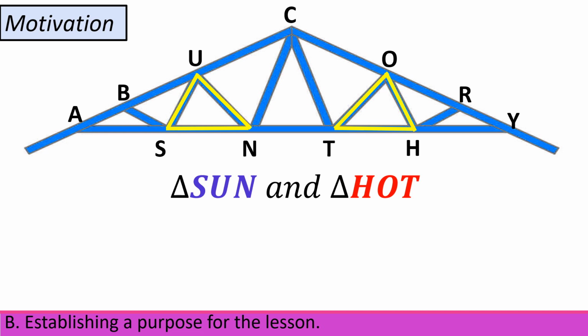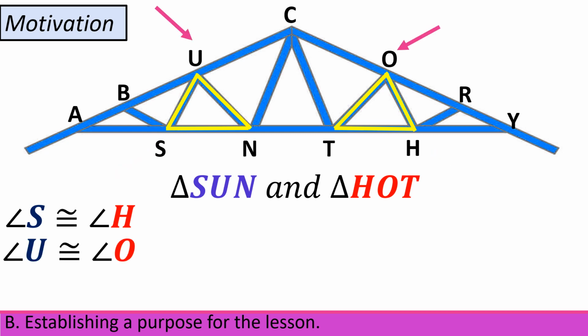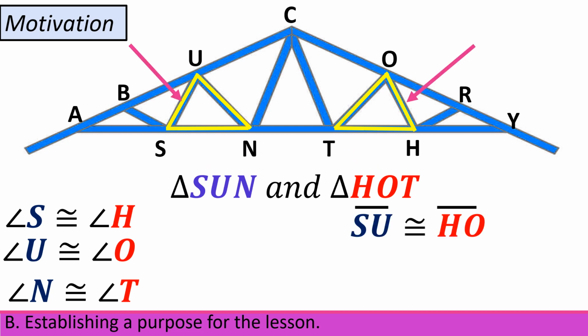So we have angle S is congruent to angle H. Angle U is congruent to angle O. Angle N is congruent to angle T. Side SU is congruent to side HO.